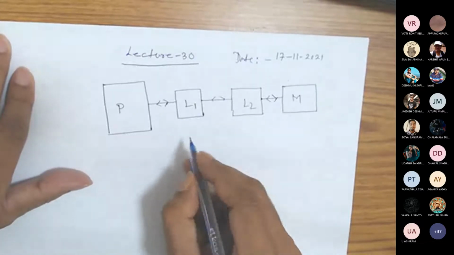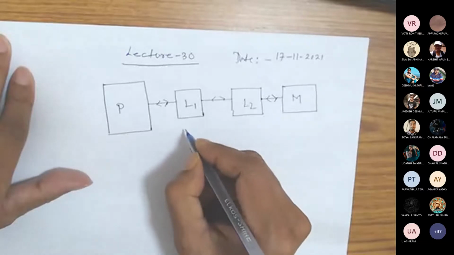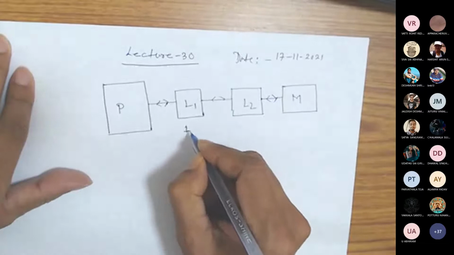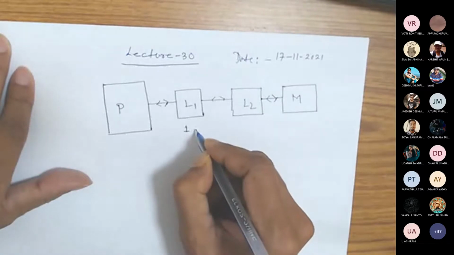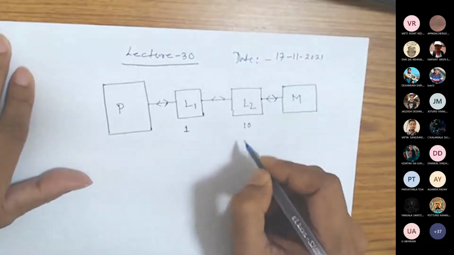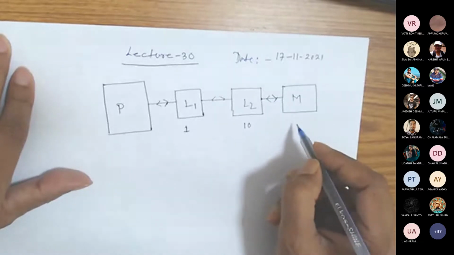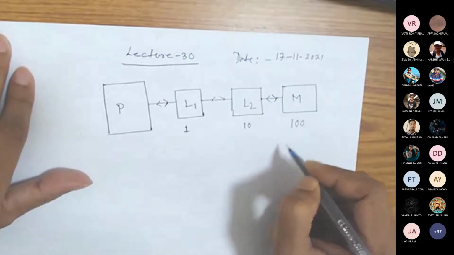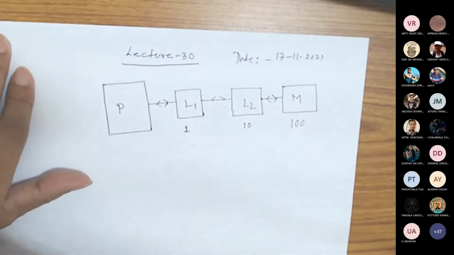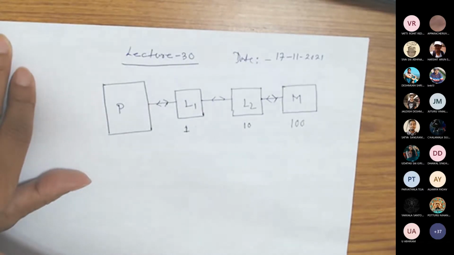For example, this may take one clock cycle, this may take maybe 10 clock cycles, and this may take maybe hundreds of clock cycles. Accordingly, your effective access time will be calculated.